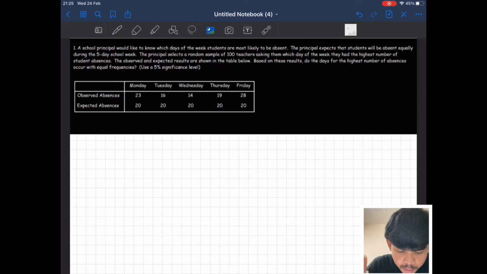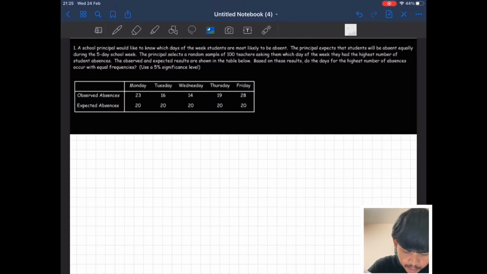The observed and expected results are shown in the table below. Based on this result, do the highest number of absences occur with equal frequencies? Use a 5% significance level.